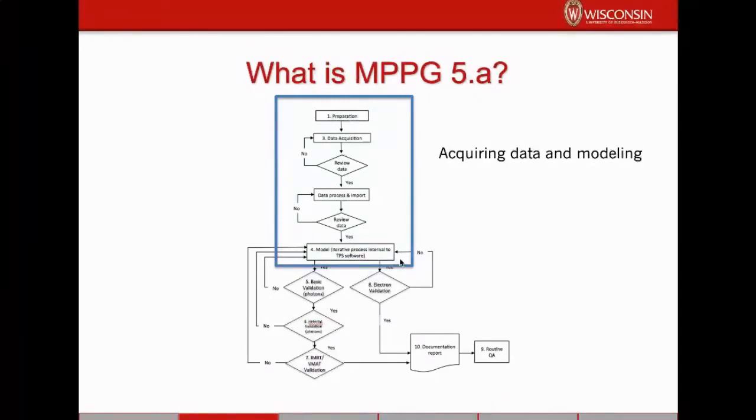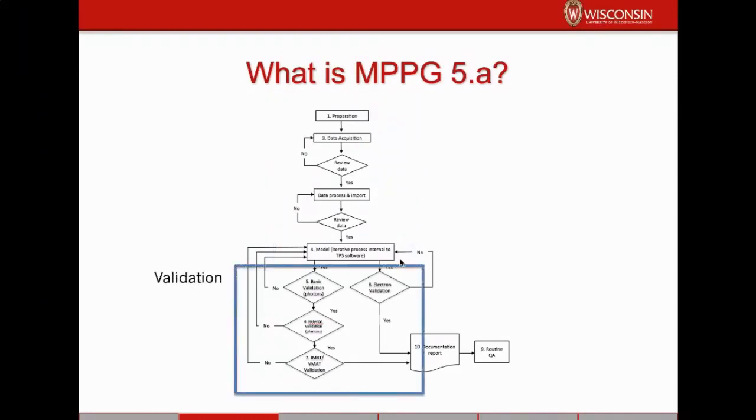And this is generally done with not clinically relevant data. Usually it's square fields and rectangular fields, not the sort of things that you would deliver to a patient on a regular basis.